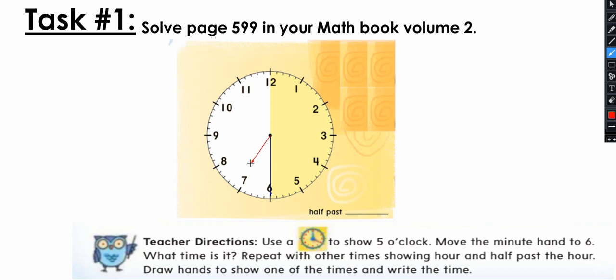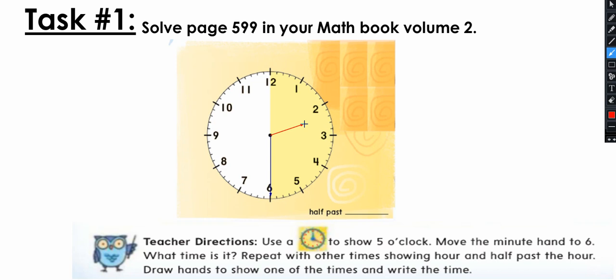And if you notice, the hour hand is always in the middle when we are showing half past.